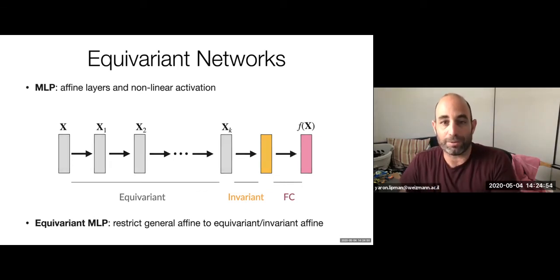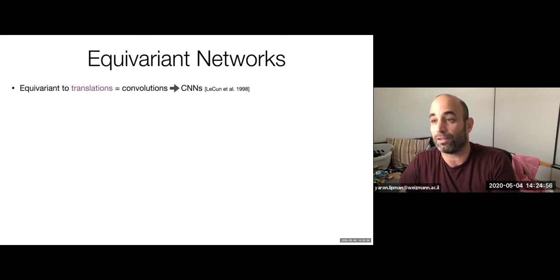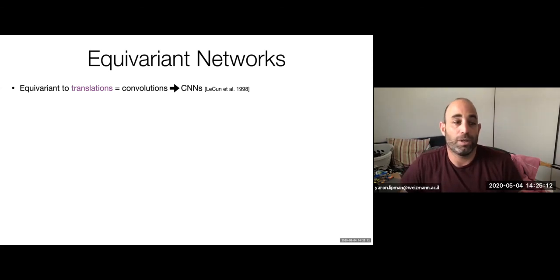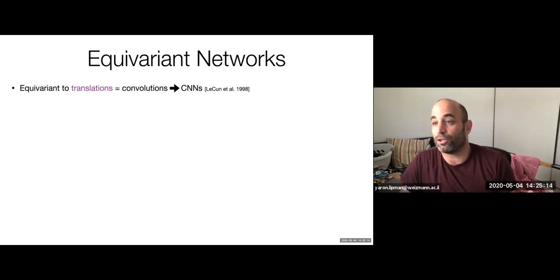Okay, so now this is a good point to say what people have done in this landscape, and maybe I will concentrate on our contributions in this domain. First of all, maybe the world's most famous example of equivariant networks are convolutional neural networks. So if you think about a transformation group, which is not permutation as I mentioned before, but rather translation.